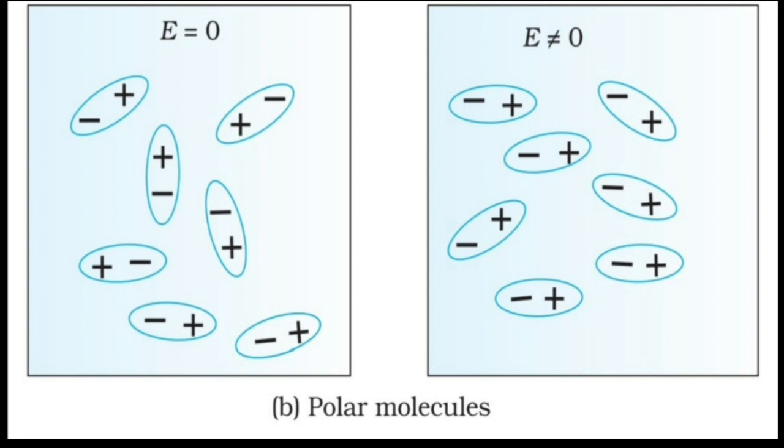That means even if there are molecular dipole moments, the net dipole moment of a dielectric sample made of polar molecules, in the absence of an electric field, is 0. So it's a point to be noted.